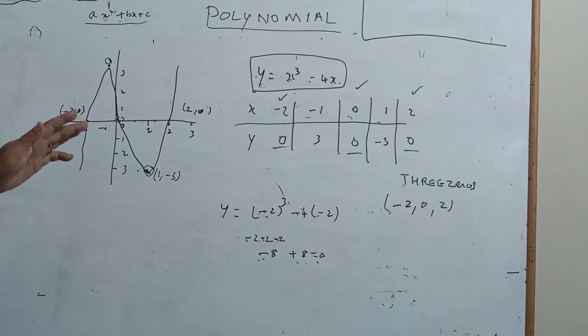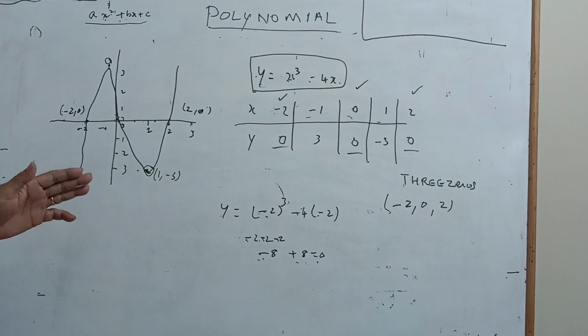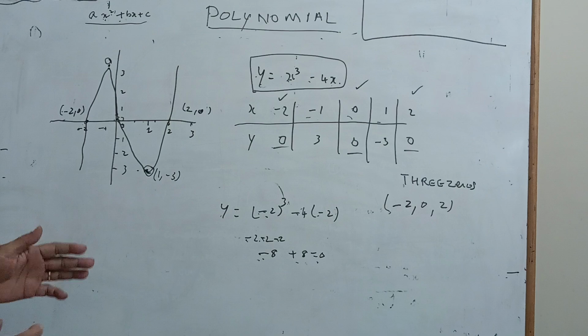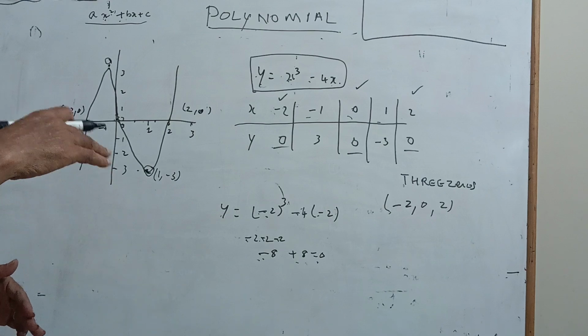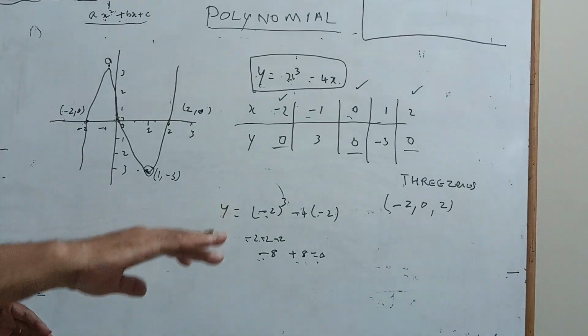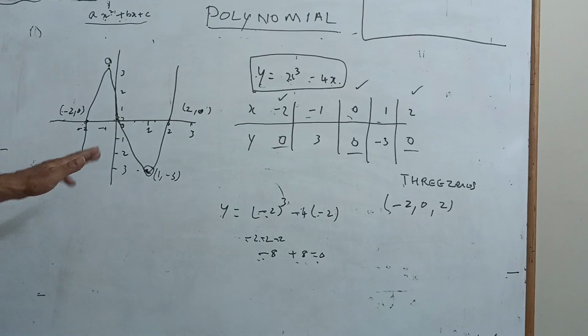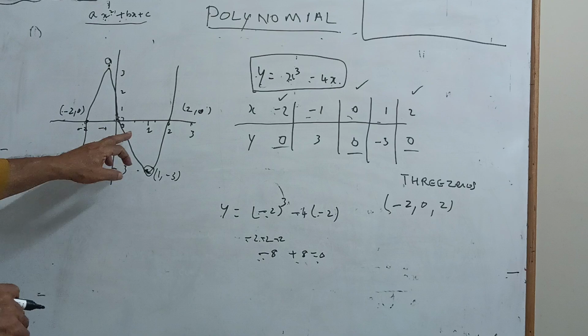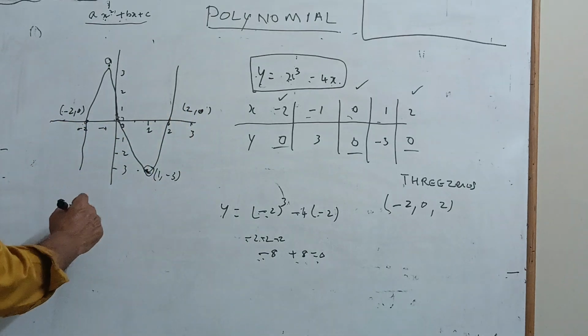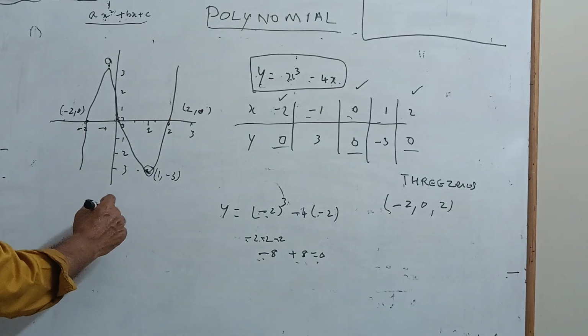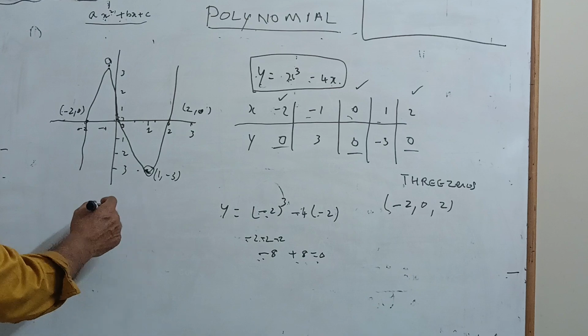Last time I told you, in the previous section, x squared plus bx plus c, sometimes there is no 0. The parabola does not cut the x-axis at all. So this is also a type of thing, but this is the maximum number of intersections. Suppose if you write x to the power n, this n is anything.